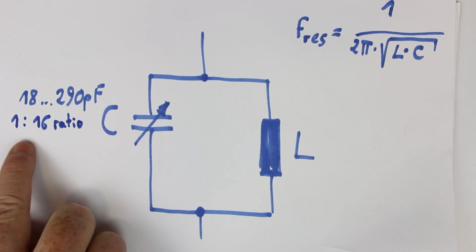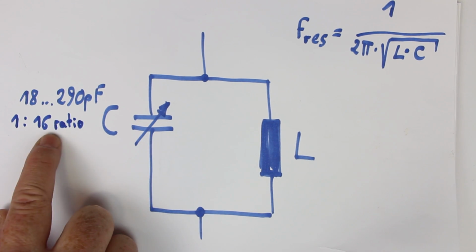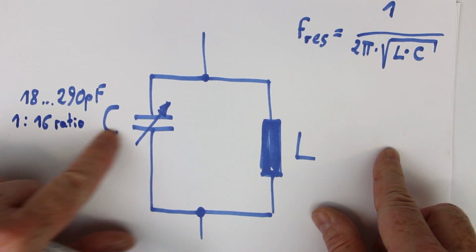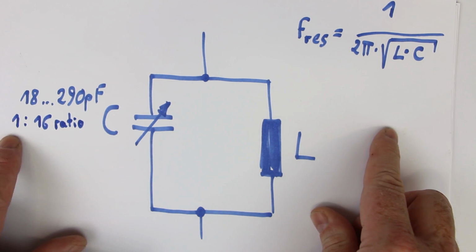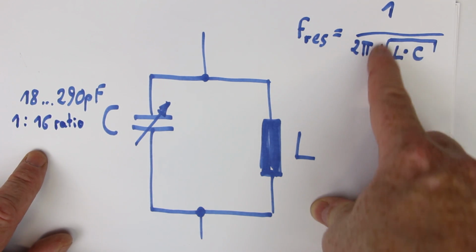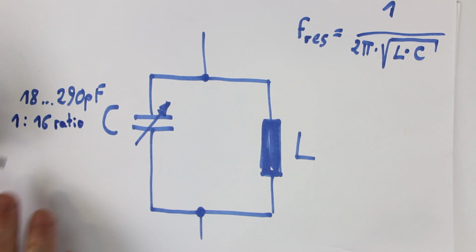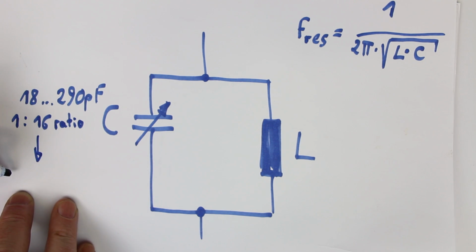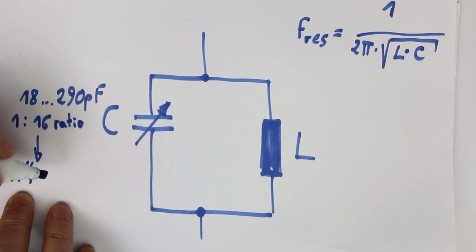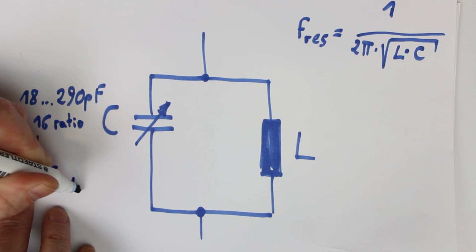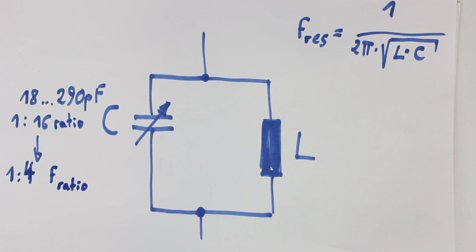But this does not translate to a frequency variation of 16:1, but only the square root of 16, and that means the ratio of the frequency we can reach is only, well, let's call it F ratio, and this is the C ratio.